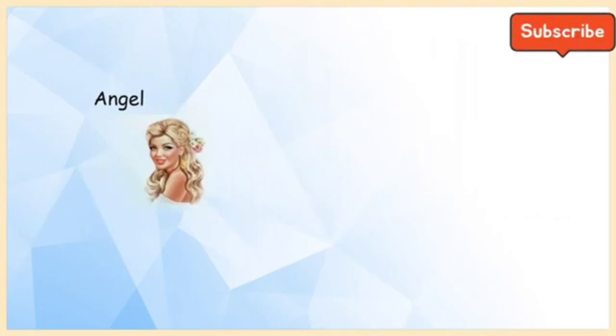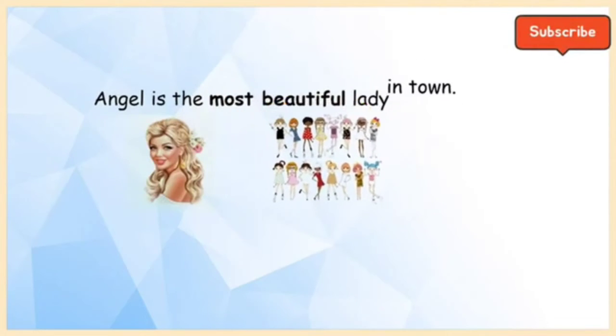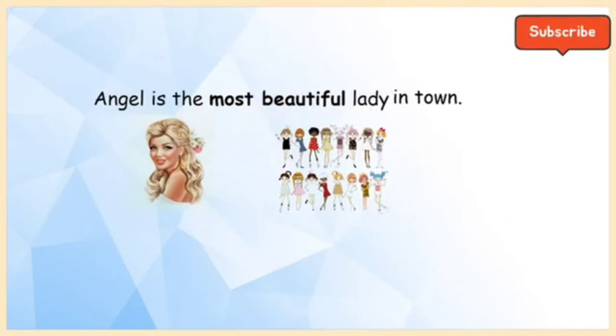Angel is the most beautiful lady in town. Excellent. When the positive is a word of two or more syllables, we add more and most before the adjective to form the comparative and superlative degrees.